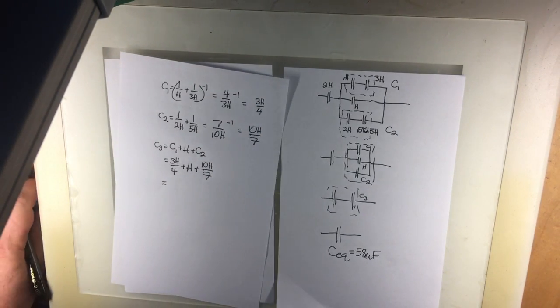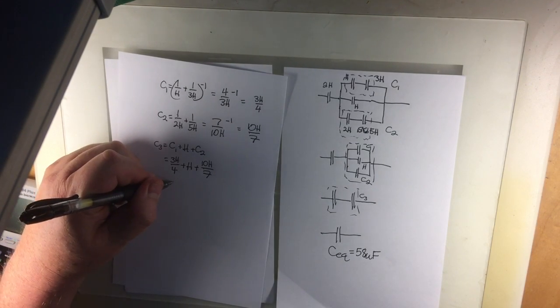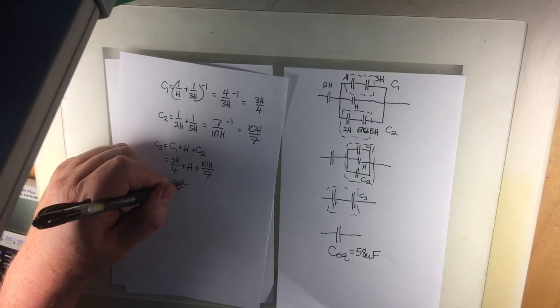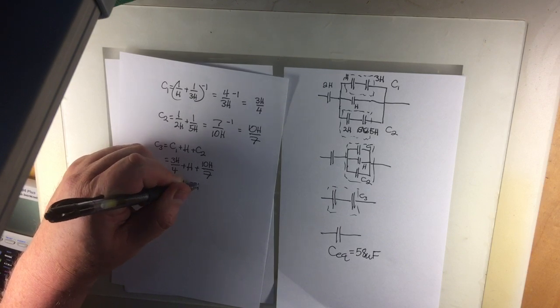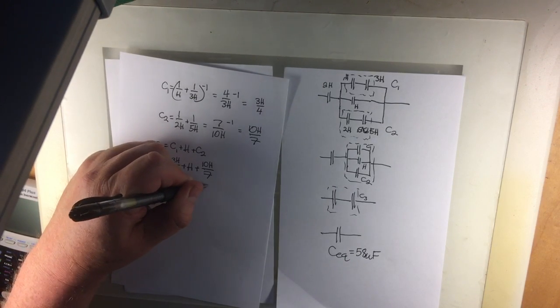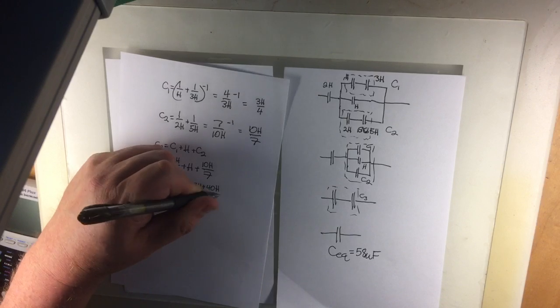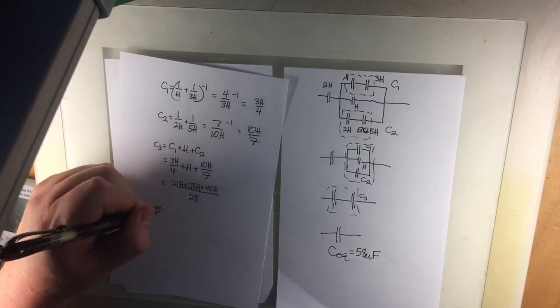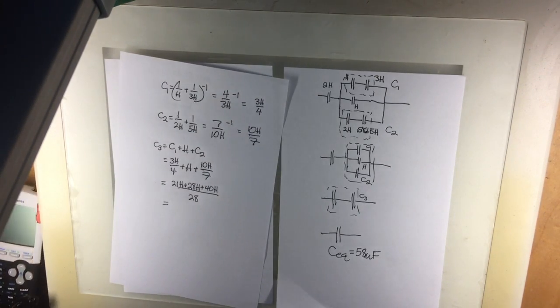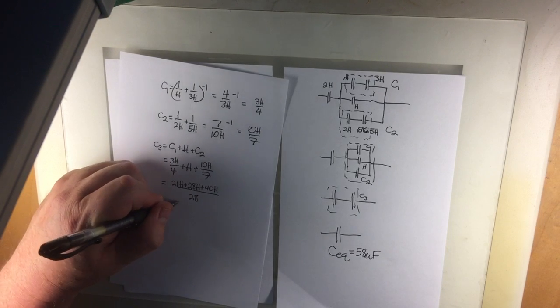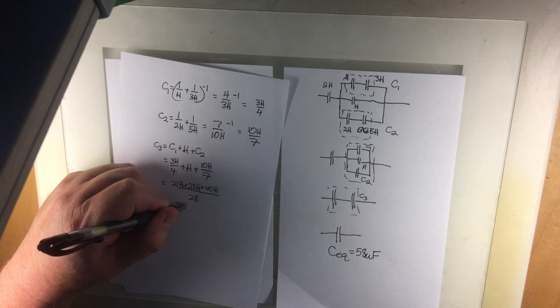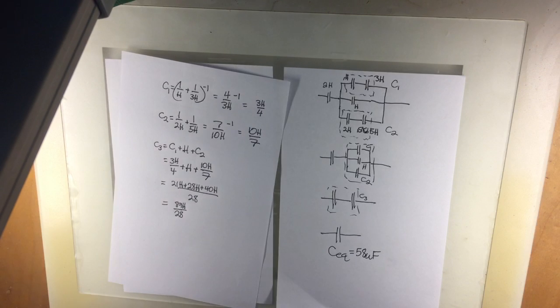Common denominator of 28. So 21H plus 28H plus 40H over 28 gives me 89H over 28.